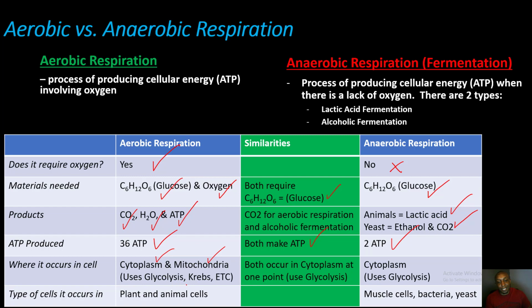So it uses glycolysis, the Krebs cycle, and the electron transport chain. And in anaerobic respiration, the whole process occurs in the cytoplasm, so it only uses glycolysis. And for the types of cells, aerobic respiration occurs in plant and animal cells, while anaerobic respiration occurs in muscle cells, bacteria, and yeast.